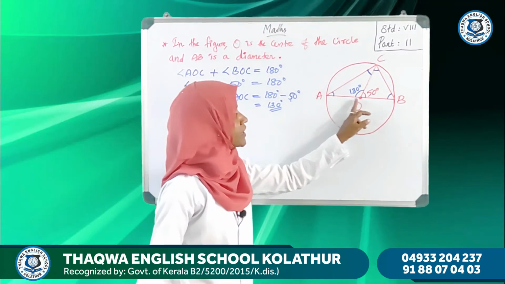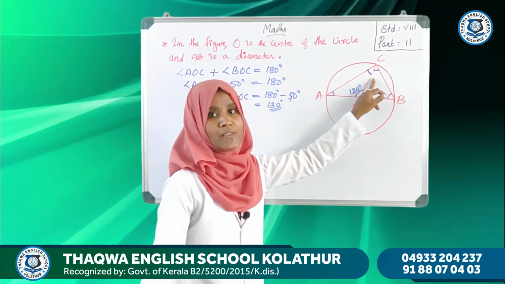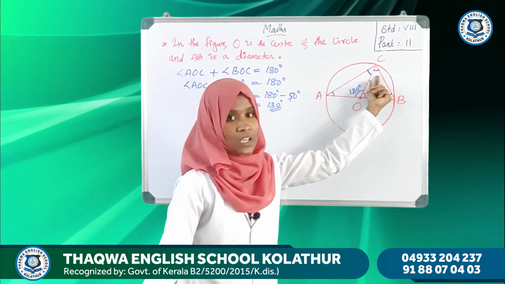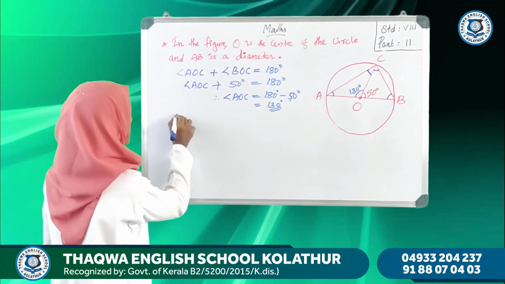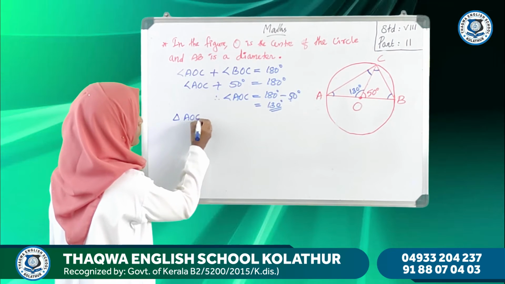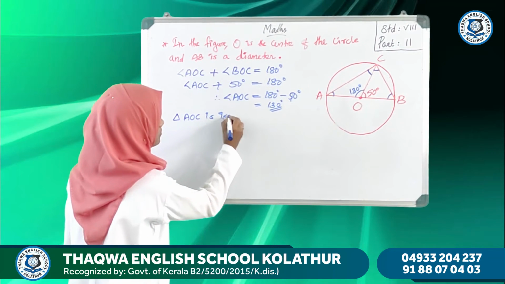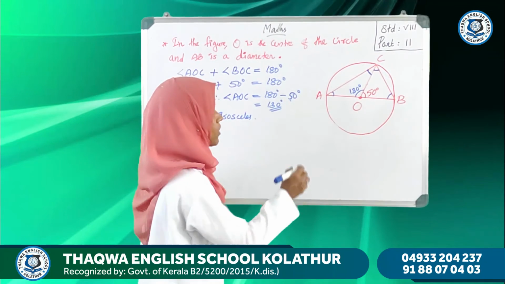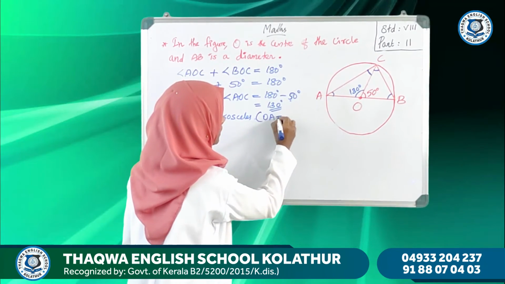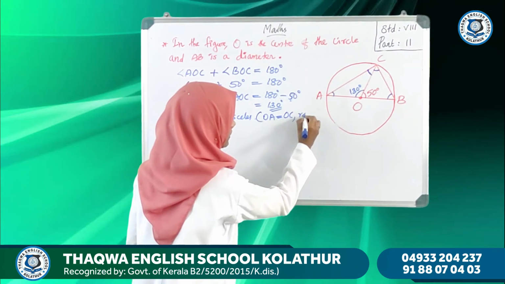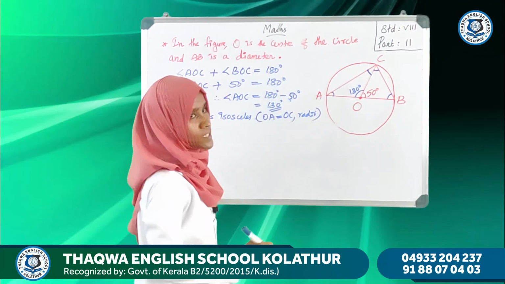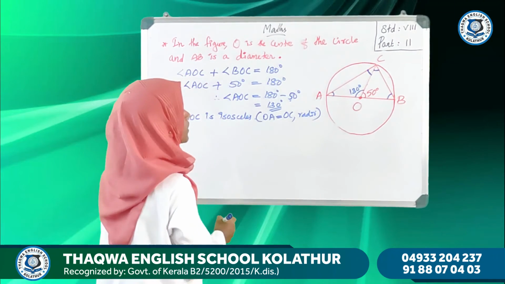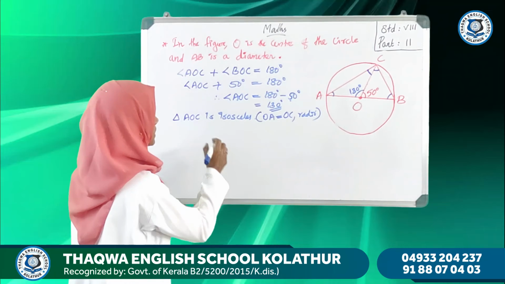Next, triangle OAC is an isosceles triangle. Why? OA and OC are radii. Triangle AOC is isosceles. What is the reason? OA equals OC, that is radii of the circle. From this we can find out the angles, angle OAC and angle OCA.